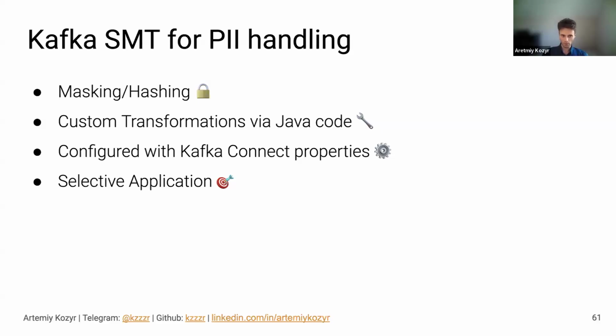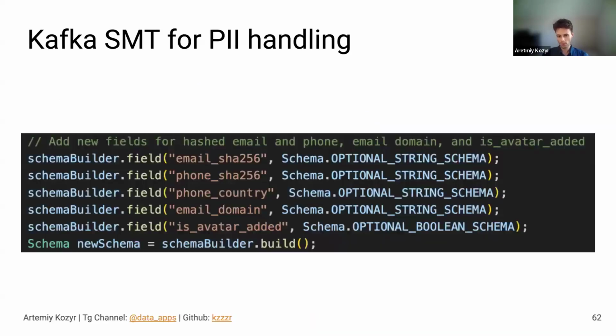It's done with Java code, in fact, but it's pretty simple, and this Java code can then be compiled and used with Kafka Connect properties selectively for specific topics. Here's an example.